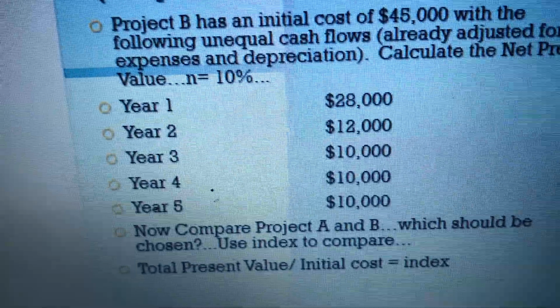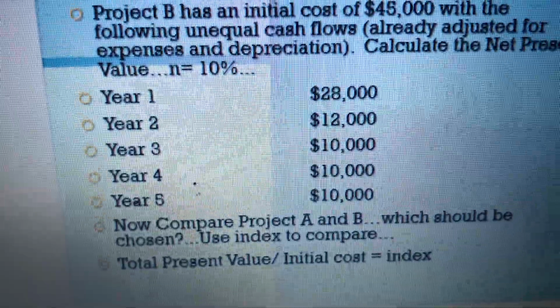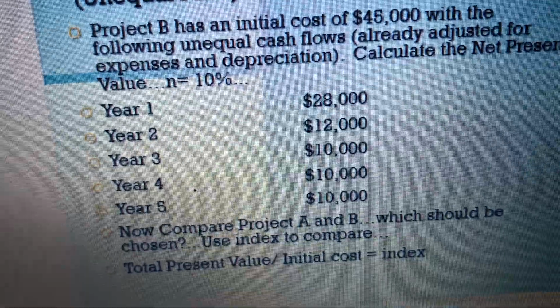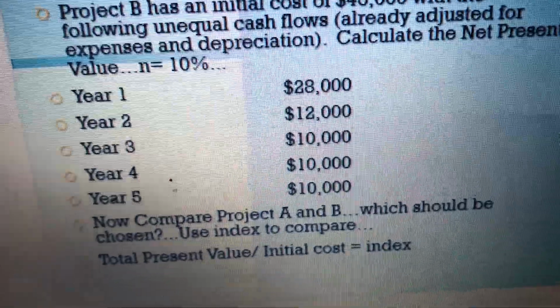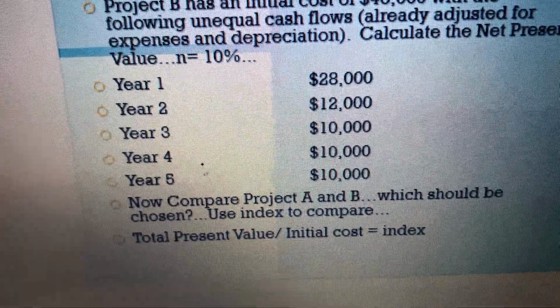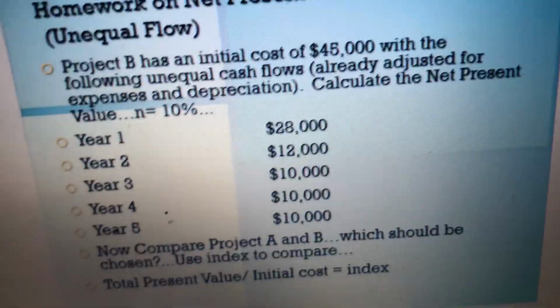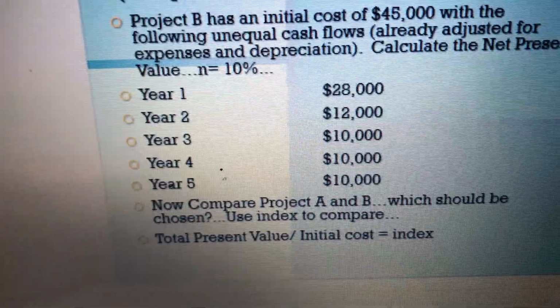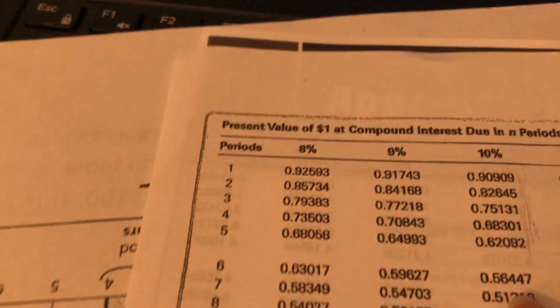Now, in the next one, though, you have to compare that one to the next one, which is unequal flows. So you have to do 5 calculations on this one. And you're going to be using page A3. Go to 10%.